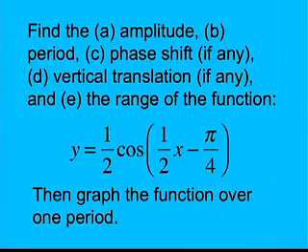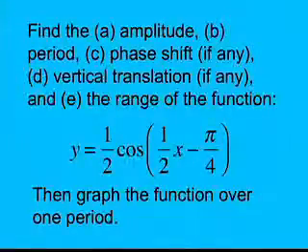Find the amplitude, the period, the phase shift, if any, the vertical translation, if any, and the range of the function y equals 1/2 cosine of the quantity 1/2 x minus pi over 4. And then graph the function over one period.